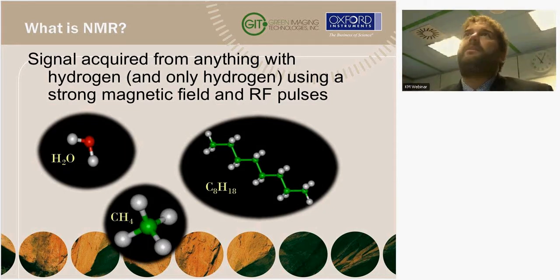So why do people care about NMR in core analysis, and in medical for that matter? NMR is unique in that the signal we can get from NMR comes from hydrogen. In the simplest sense, anything with hydrogen, when we place it in a magnetic field, will exhibit a property that allows us to detect how much hydrogen is in that sample in the magnetic field.